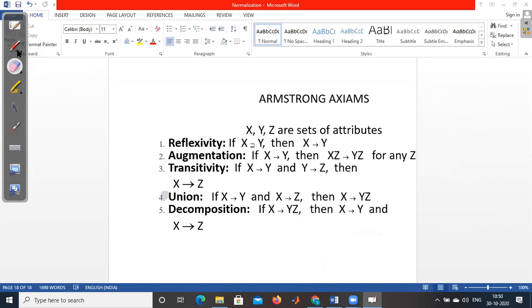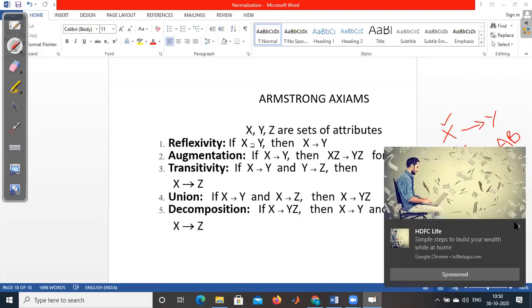Next we see the union rule. What is union? If X → Y and X → Z, or X → A and X → B, where the LHS is the same, then we can union or combine them.